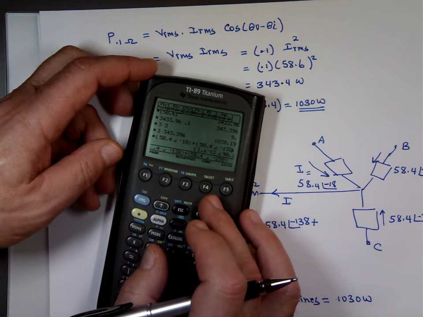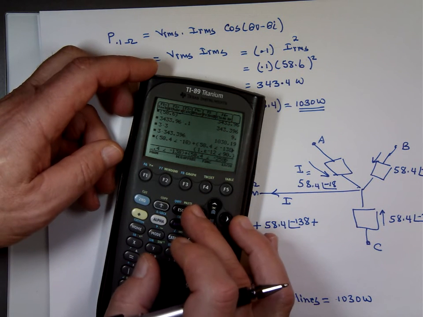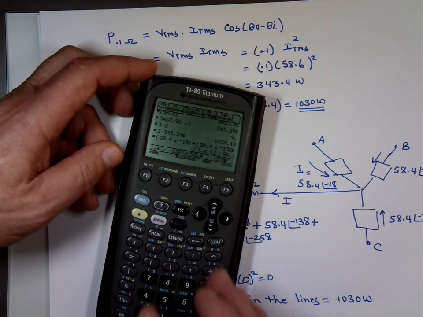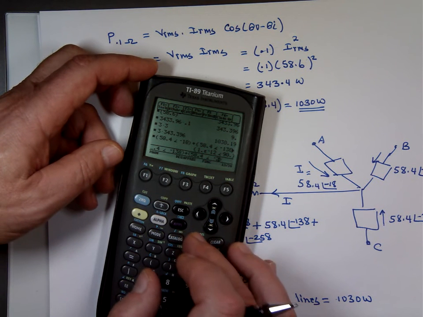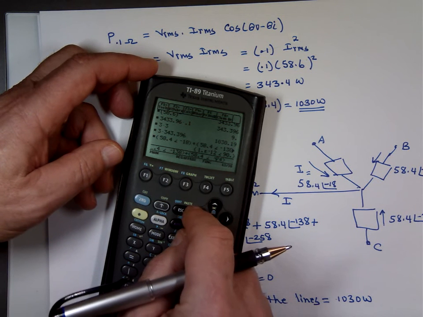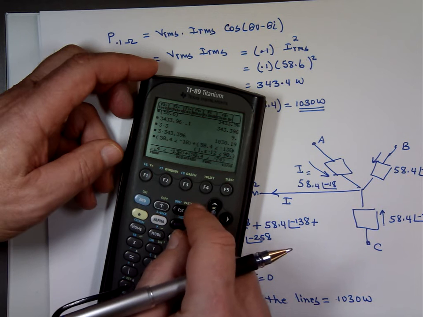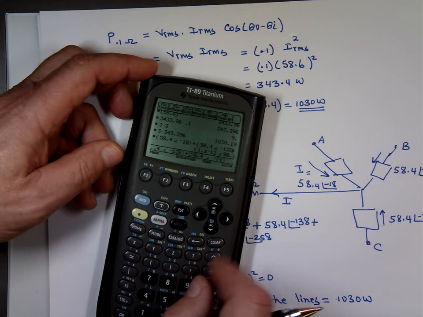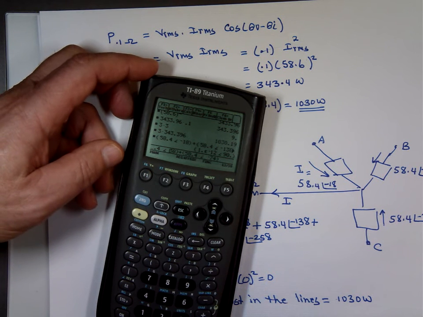Like this angle is not really negative 258. Let's say this angle was negative 74, just put a different value, and this angle was plus 38. It's not a balanced one. Once you hit enter, it's no longer 0.